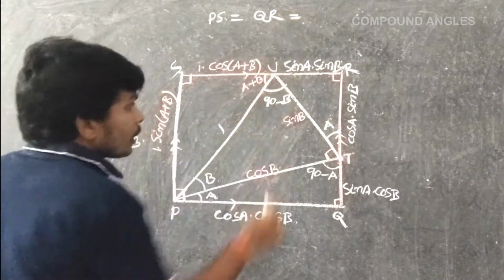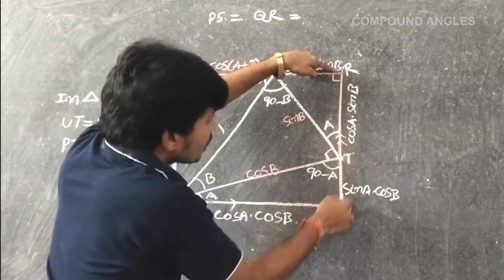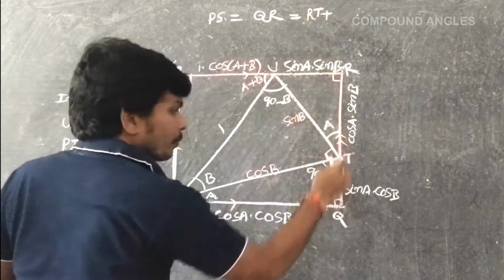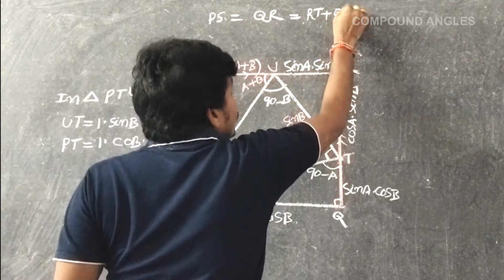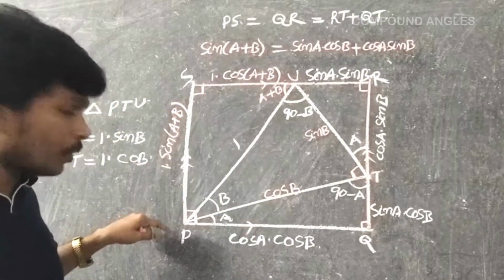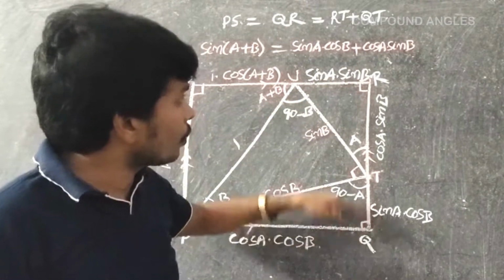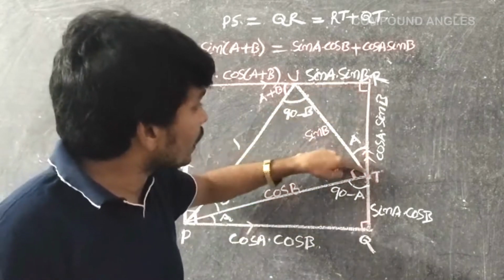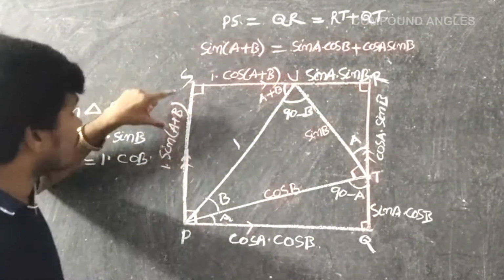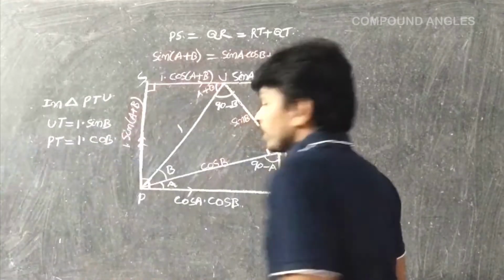And this QR is the sum of these two segments, RT plus QT. Yes, in a rectangle, opposite sides are equal. So PS is equal to QR, and that QR is equal to the sum of RT plus TQ. Yes or no? Now, what is the PS value? Sine of A plus B. That is equal to, again, now you observe here.